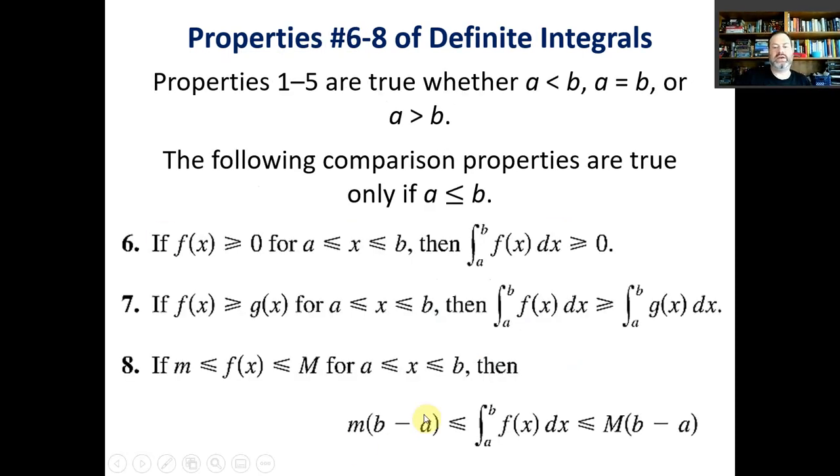Because this is a rectangle, and this is a rectangle, we're just saying that the definite integral of the function is bigger than this and smaller than this.